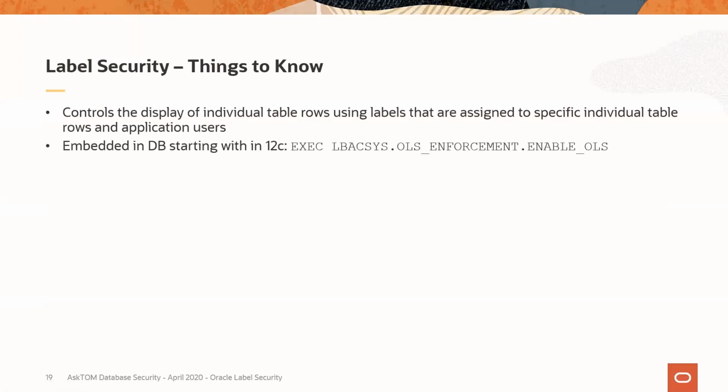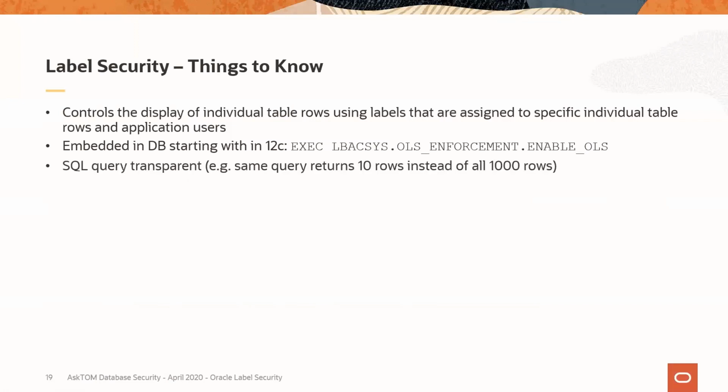Now, if you're familiar with label security prior to 12c, you had to relink the database kernel. Starting with 12c, it's built in, and all you have to do is run an API command to enable label security. And I mentioned this before, it is SQL query transparent.